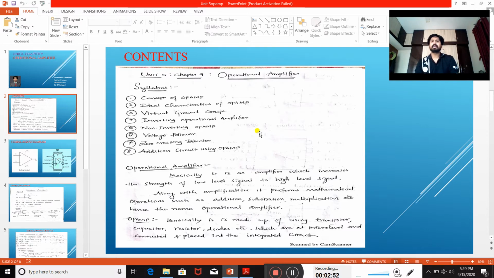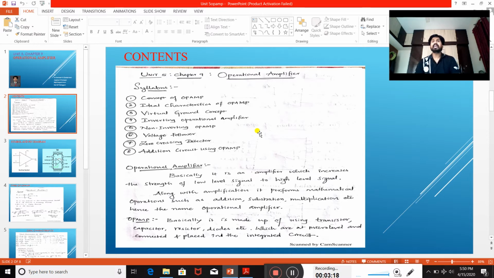It is basically made up of silicon material. Inside it, many resistors, capacitors, diodes, and transistors are connected together in such a way that it produces the required output. So this is the basics of the operational amplifier.